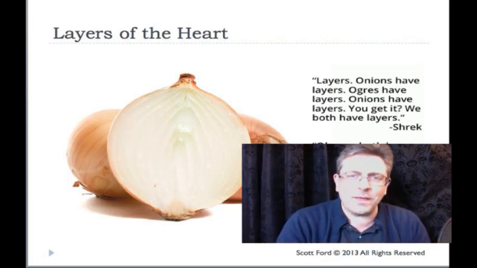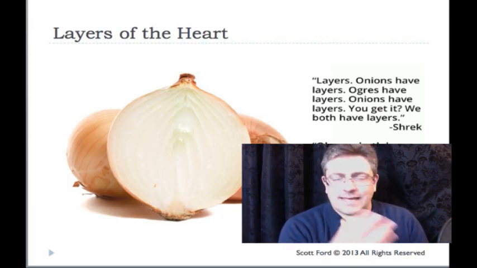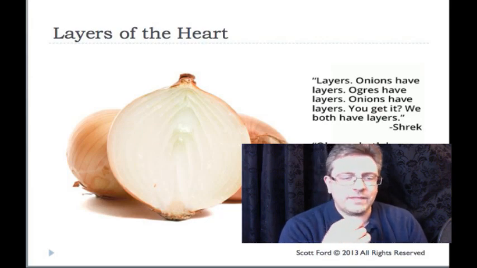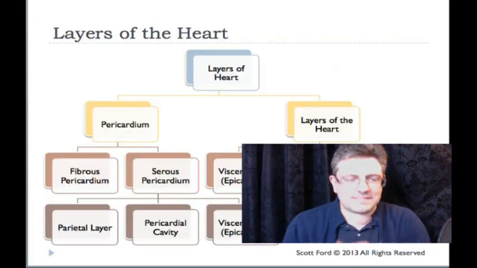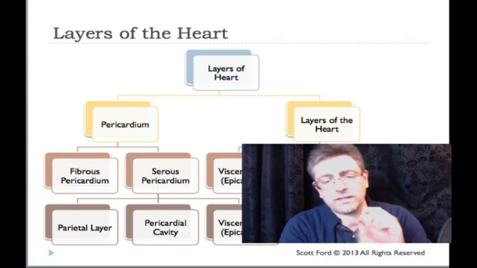Everybody loves cake. When we're taking a look at the heart, it is not just one substance that composes it. There are layers to the heart, and it's really not that difficult. Now, I say not that difficult, and then I put this next picture up there. And this next picture makes it look difficult, and it's not. It is really not difficult.